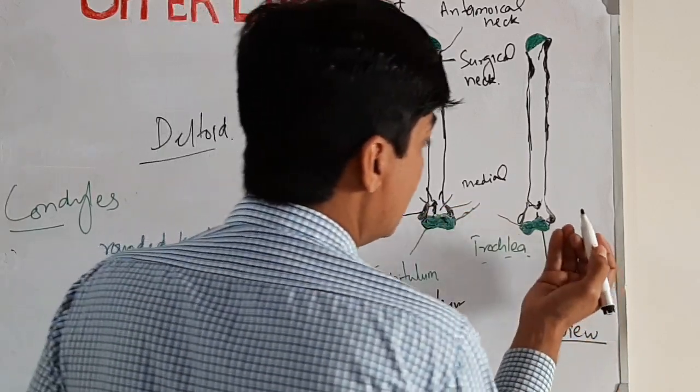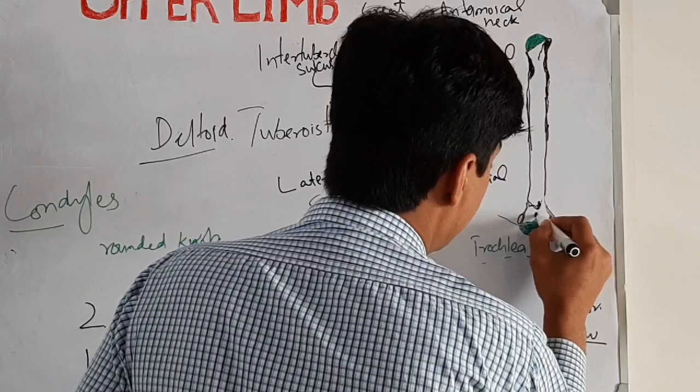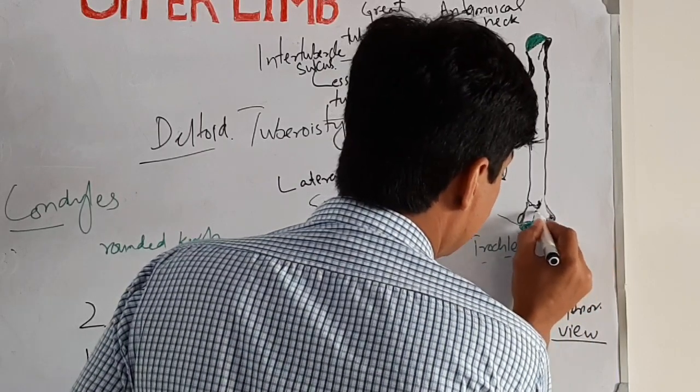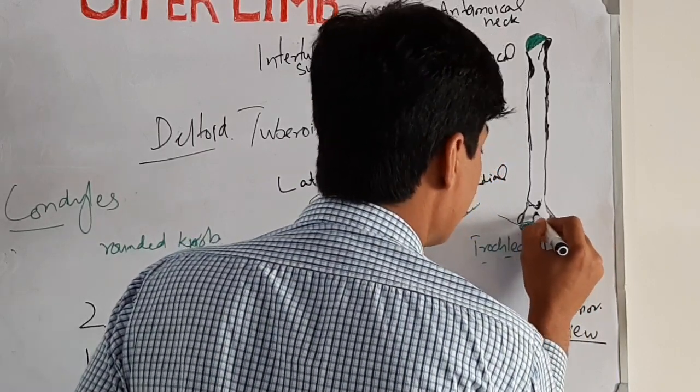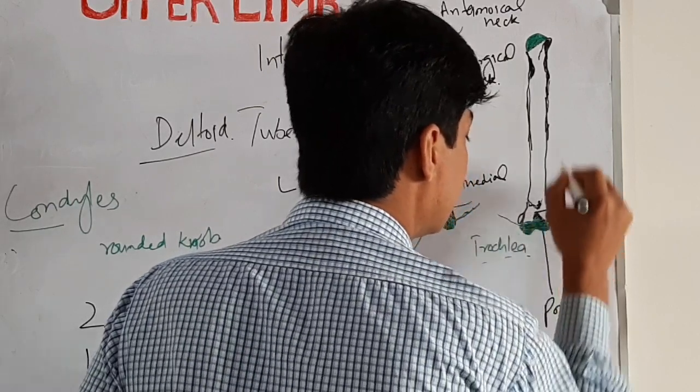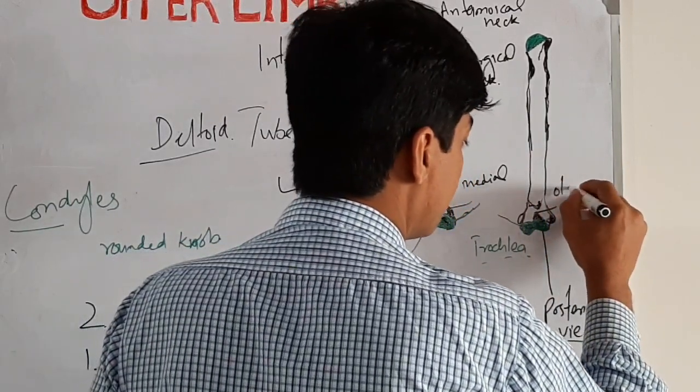And posteriorly we have to see that there is another fossa that lies posteriorly, that is called the olecranon fossa.